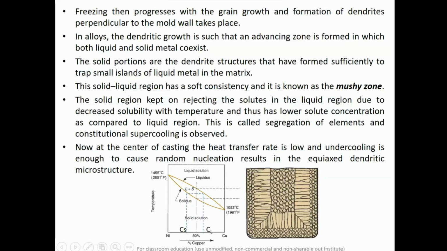However, the undercooling is still there, which is enough to cause random nucleation, and due to the presence of the segregation of elements, it results in an equiaxed dendritic microstructure. If you remember the curve between G and R, that is the heat transfer rate and the solidification rate, if the heat transfer rate is less and the solidification rate is high, you will get an equiaxed dendritic microstructure. This type of microstructure is observed in the solidification of alloys.